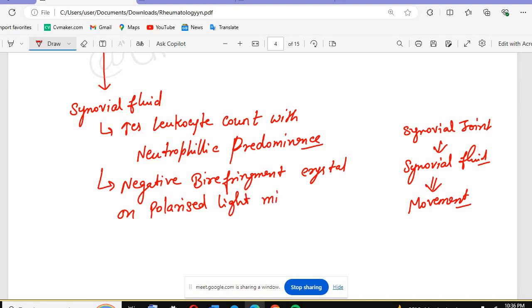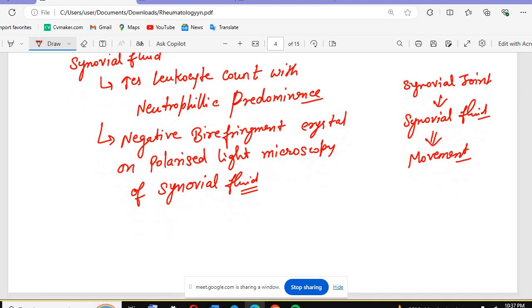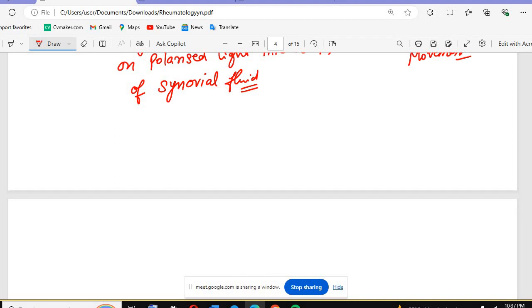This is a very, very important point. This is what you will see in acute gout in synovial fluid.